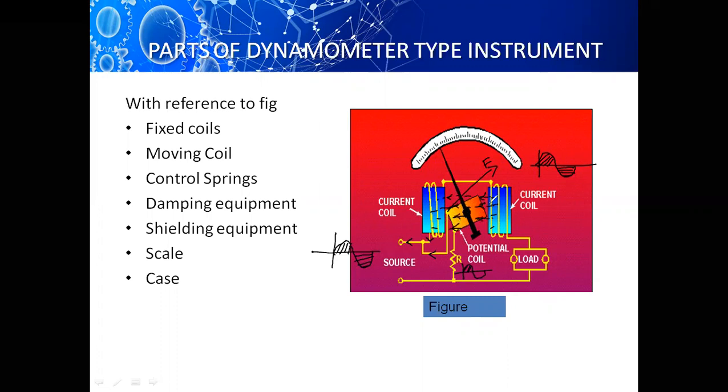Now when the magnetic field direction is changed, let us see the current through the potential coil or the moving coil. If it was not changed, the force would have been reversed. But here we see that the direction of current in the moving coil is also reversed. Hence, the force direction is going to be the same.